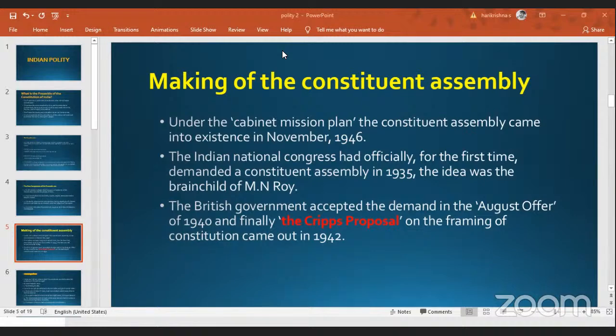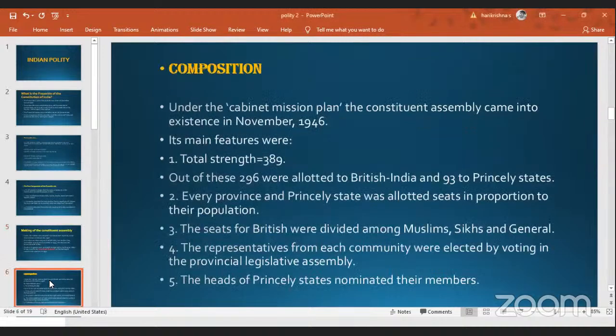Then it talks about the composition. Under the Cabinet Mission Plan, the Constituent Assembly came into existence in November 1946. Then the main features. The total strength was 389. Out of this, 296 were allotted to British India and 93 to princely states.